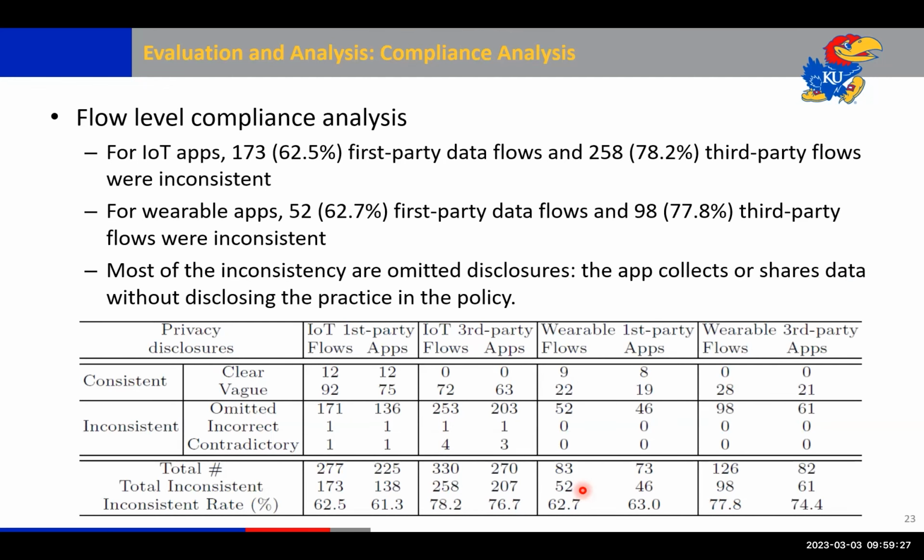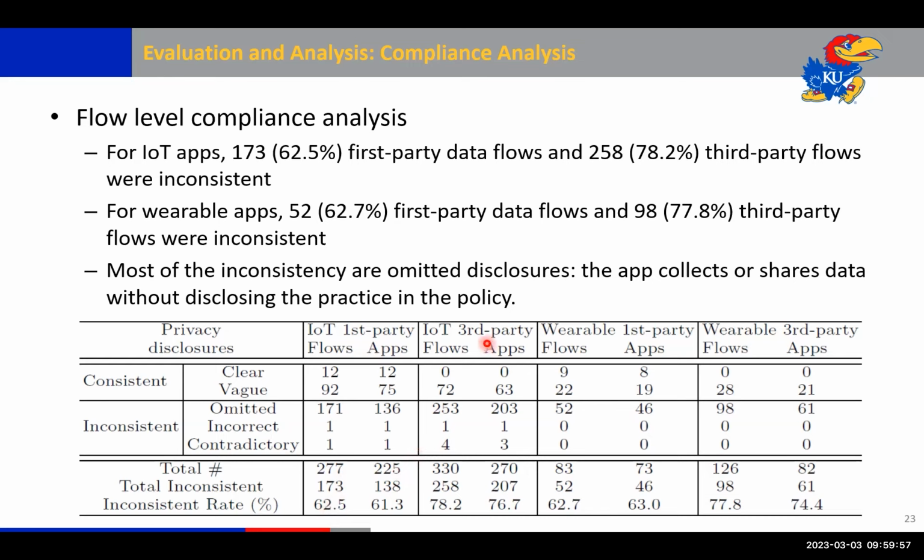For flow level compliance analysis, we see that for IoT apps, so that's how we read that, for IoT apps and wearable apps, we reported that separately because wearable apps, they are IoT apps, but they are special, right? Because of the sensitivity of the data. IoT apps, the first party IoT apps, there were 62.5%, they were inconsistent.